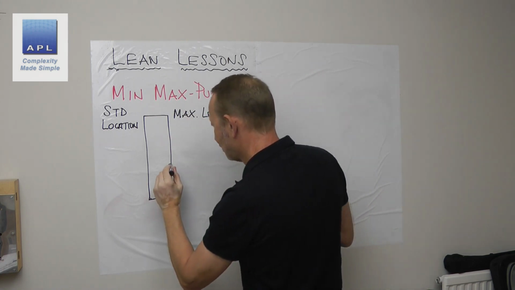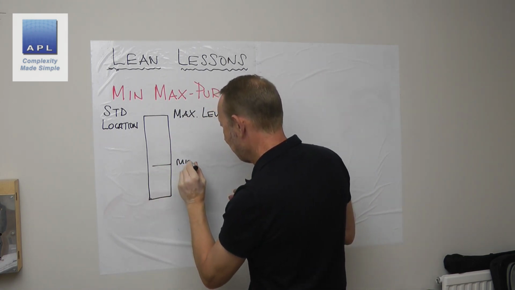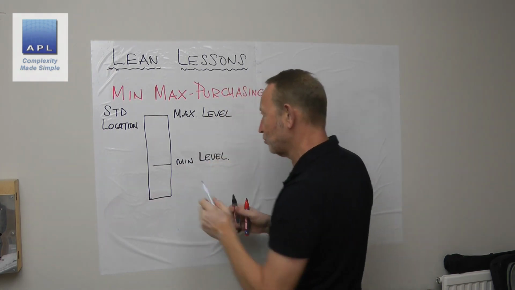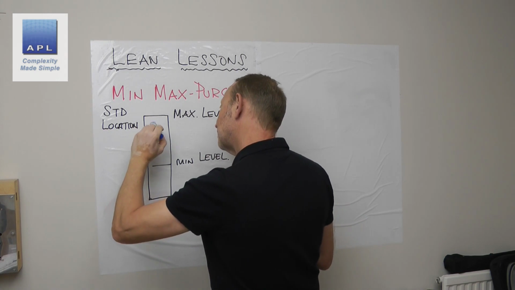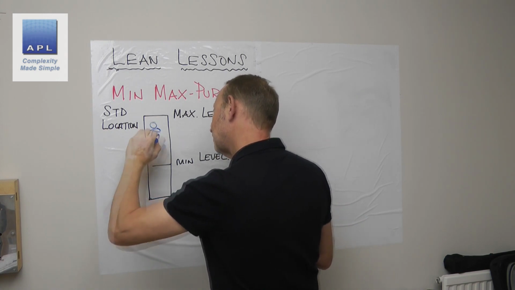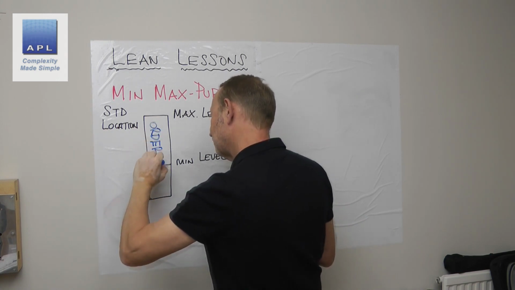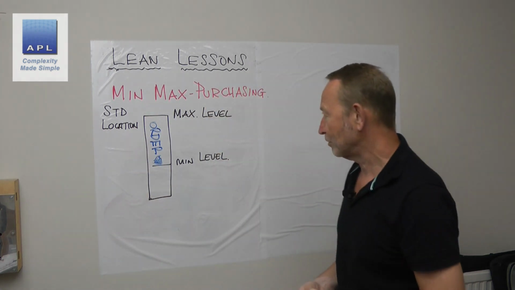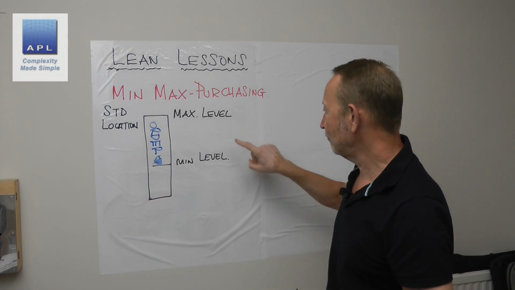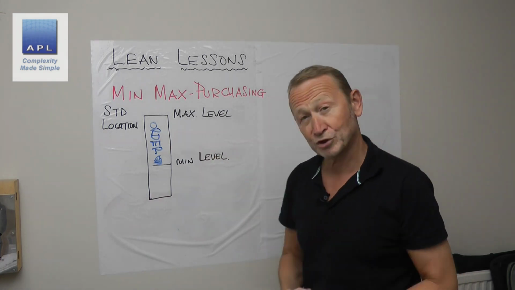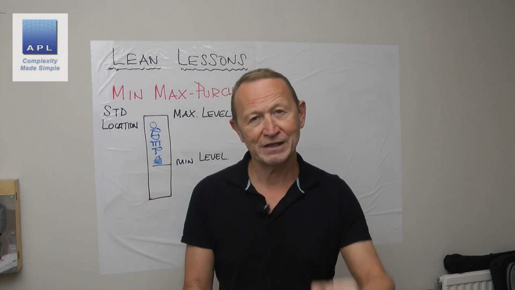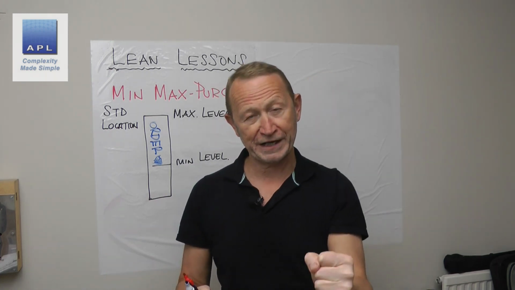Of course, it's going to have a minimum level. And the difference between the two is going to be the order quantity. A maximum level, a minimum level, and an order quantity. That's it.